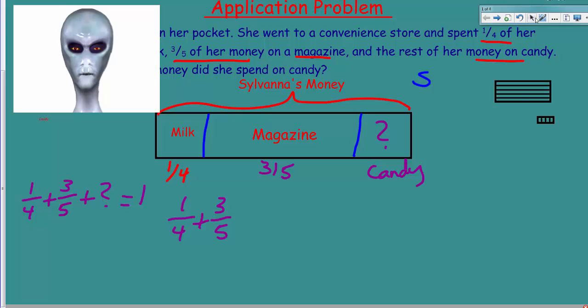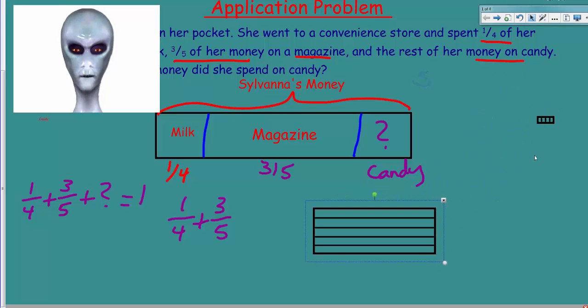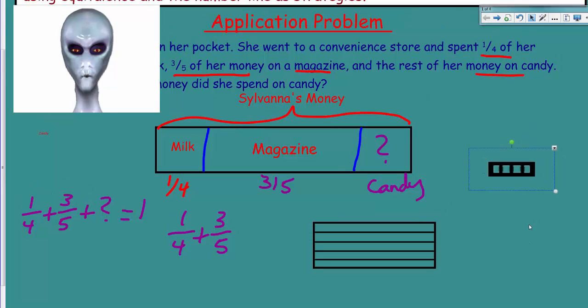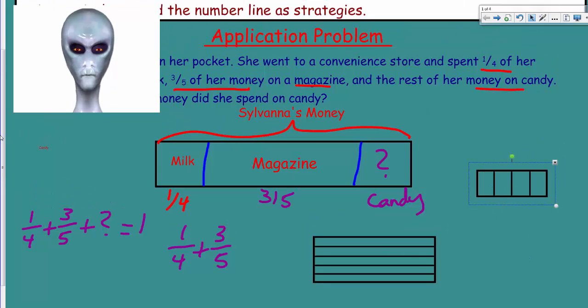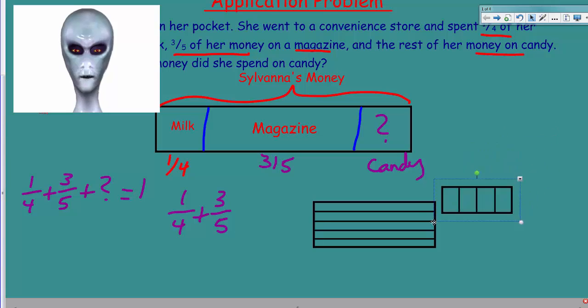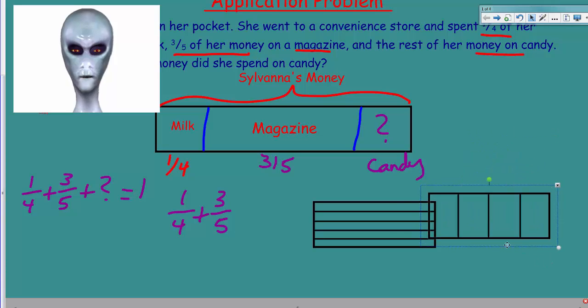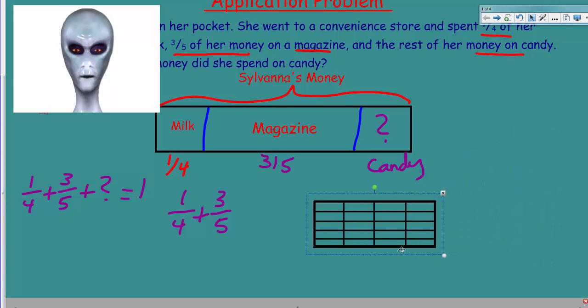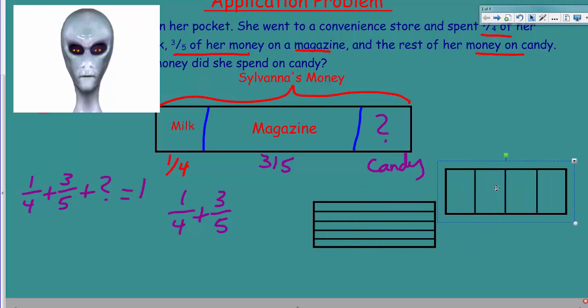Now, if you recall, when we were adding fractions that were unlike each other, what we were doing was, whoa, what happened? Come back. Okay, so I'm going to go ahead and try to make these the same size. Oh, am I good or what, huh? See, so I have fourths here, and I have fifths here.